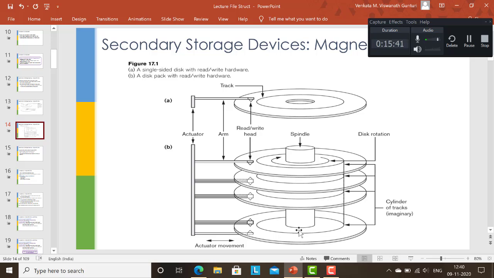So when I say the address contains a cylinder number, that means I am referring to this particular position, right? Your entire magnetic disk system will contain several concentric cylinders, and each cylinder is a collection of tracks. Because if, let's say, in this particular case you have 5 disks, each cylinder is a combination of the tracks from these 5 disks, right?